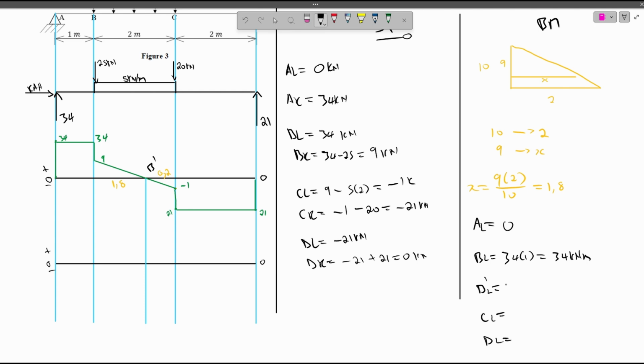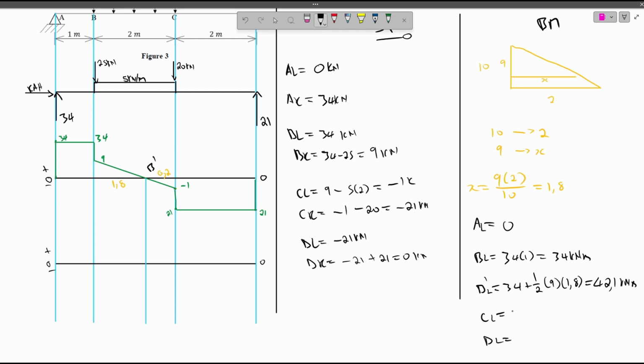B prime, you have 34 plus a triangle, which is 1 over 2 times 9 times 1.8. Then you get 42.1 kilonewton meter.